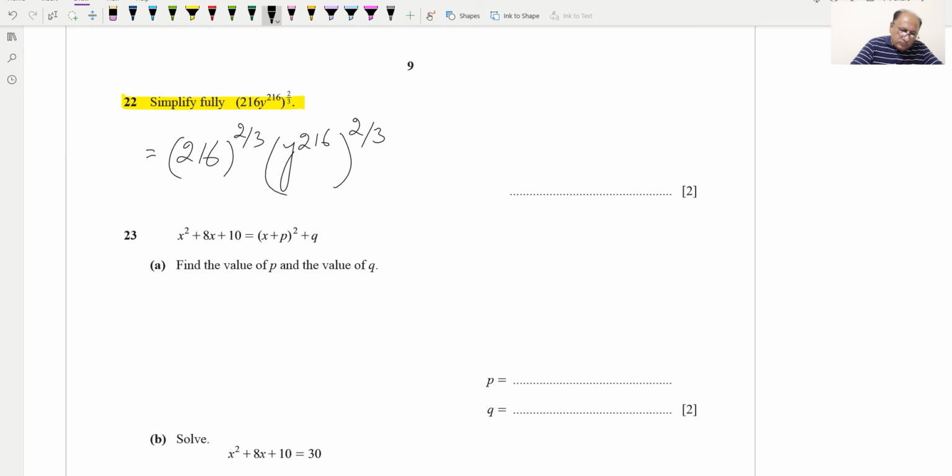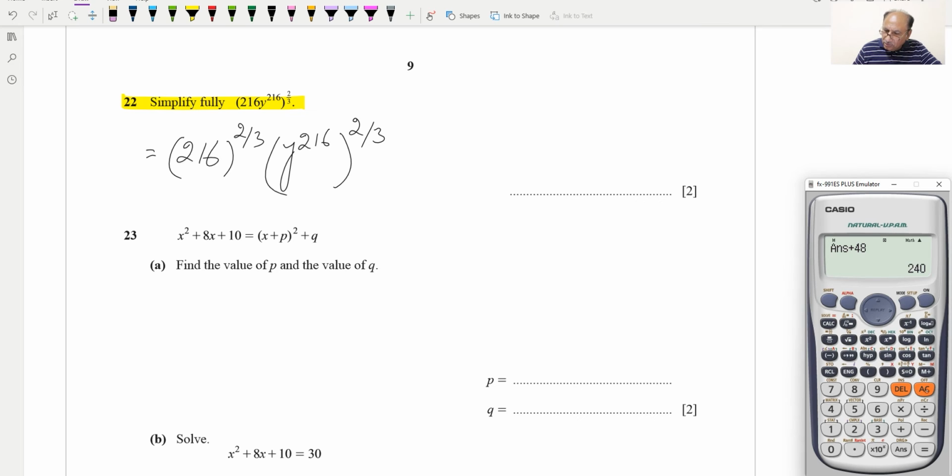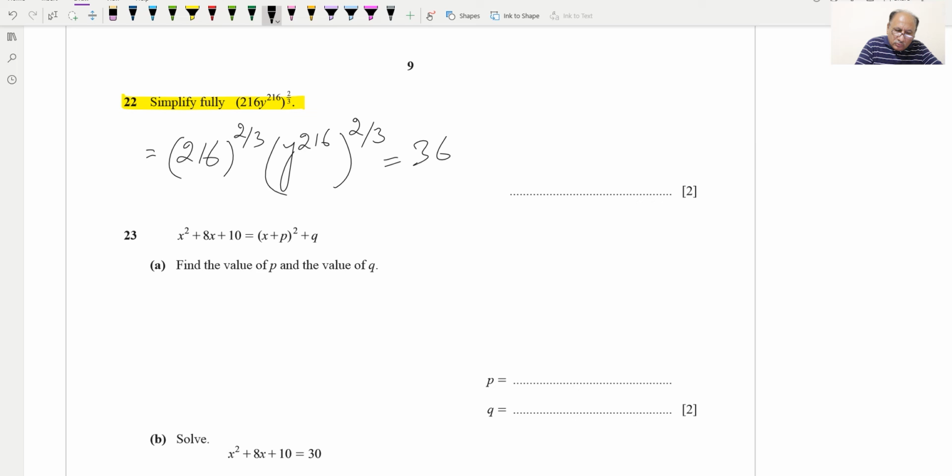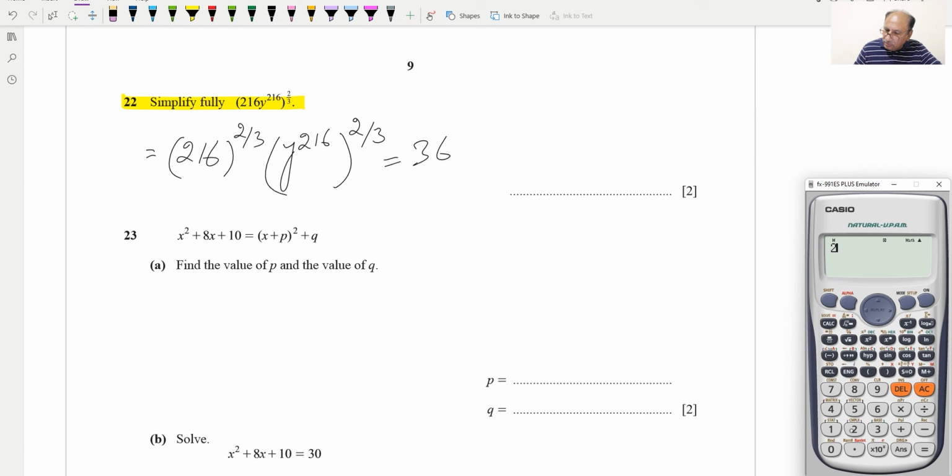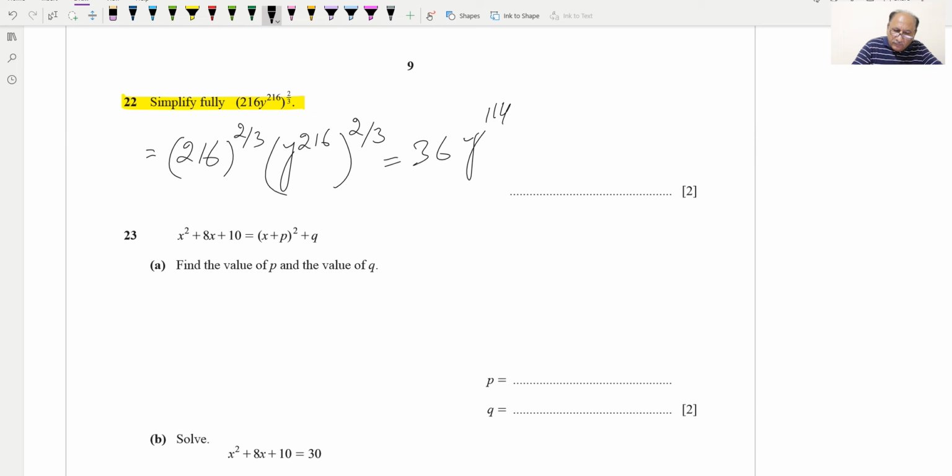Now this portion we can solve with the help of a calculator. 216 raised to the power 2 over 3 will be equal to 36, and for the y part we multiply 216 by 2 over 3 with a calculator, which is equal to 144. So our final answer will be 36 y raised to the power 144, and this 2 mark question is done.